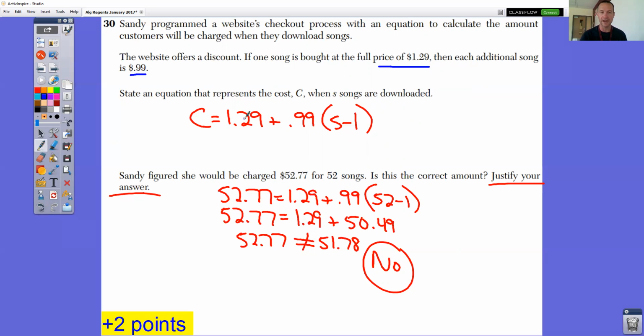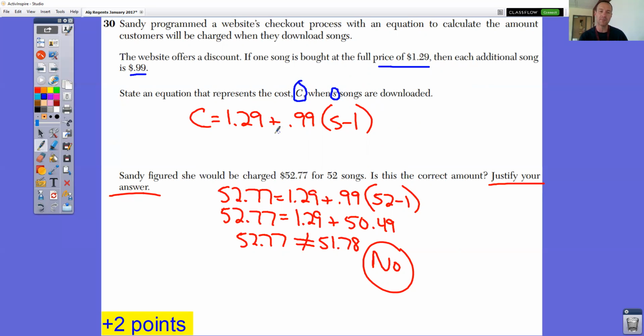So we have $1.29 for the first song plus 99 cents times, now this is the tricky part of this one, the number of songs, S, or you could use X, it doesn't matter. Actually, you do need to use S, I lied. You have to use C and S because those are in the question. So your cost equals $1.29 plus 99 cents, this is the tricky part, times the number of songs minus 1.